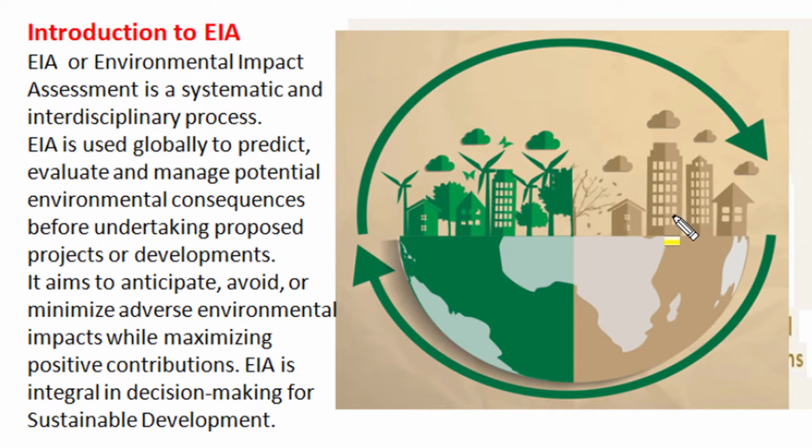Environment impact assessment is used globally to predict and assess potential environmental consequences, and it suggests mitigation and management tools to counter those environment impacts before undertaking the construction project or development in action. EIA aims to anticipate, avoid or minimize adverse environmental impact, and at the same time it maximizes positive contribution of any project. So we can say EIA is an integral part in decision making for sustainable development.